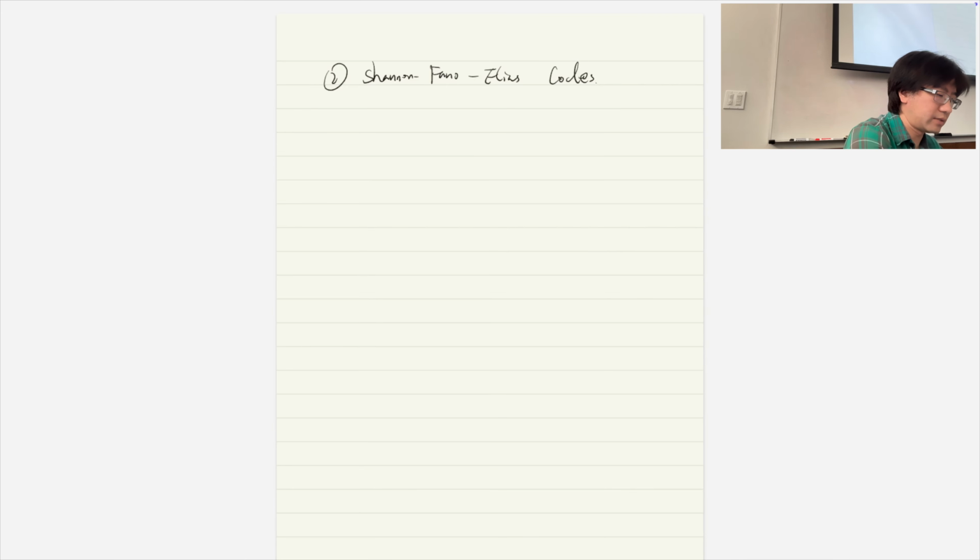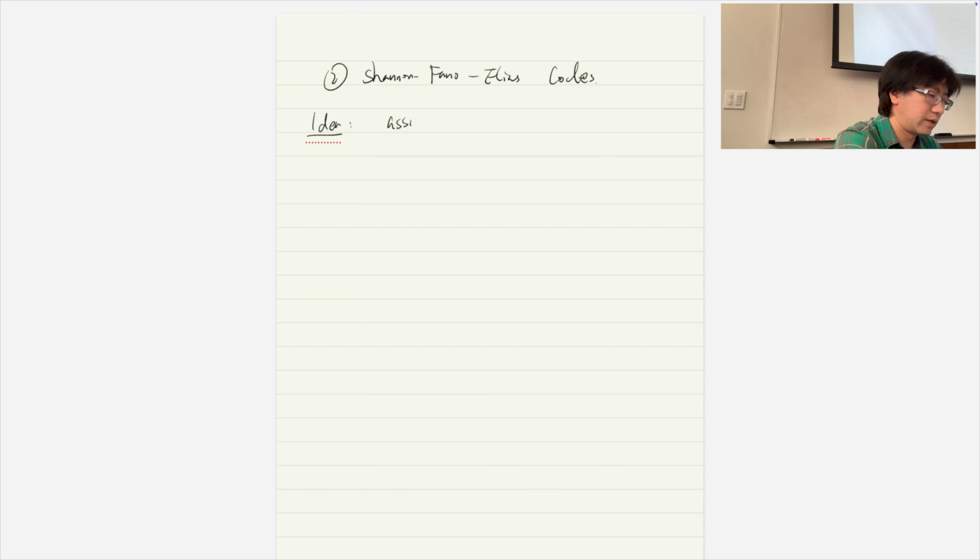Okay, so let's write it down first. What is the idea of this kind of code? Basically, based on the probability distribution, the PMF, we're going to associate each source symbol to a point on the real line between 0 and 1. Let's see whether that makes sense.